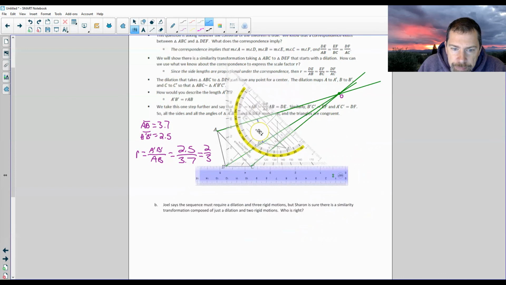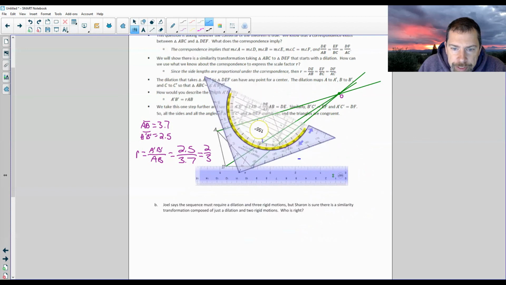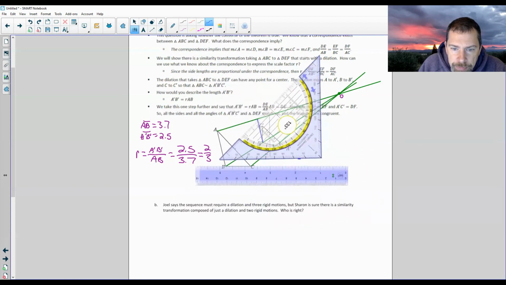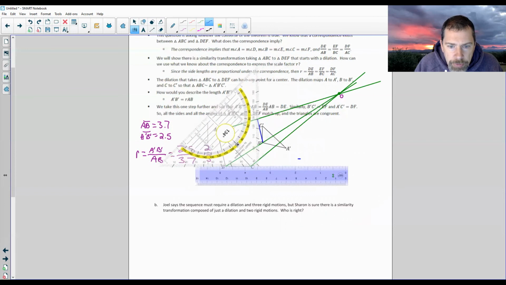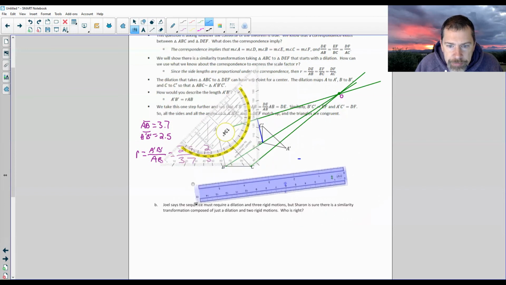Oh, I went the wrong way. How would we do this? Oh, okay. Let me rotate it the other way, like so. This would be so much easier on paper. So if you're doing this on paper, so much easier. All right, so let me put that there.